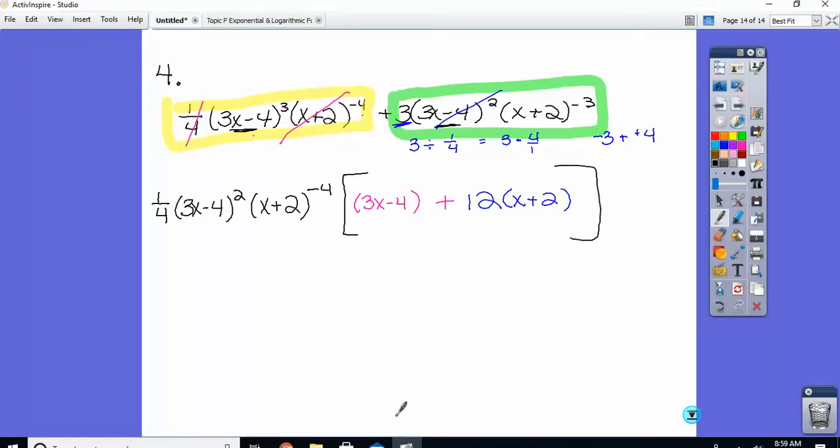Are there questions to that point? I had several of you that did that and then you just stopped. So you stopped a little too soon. We can keep simplifying in here.